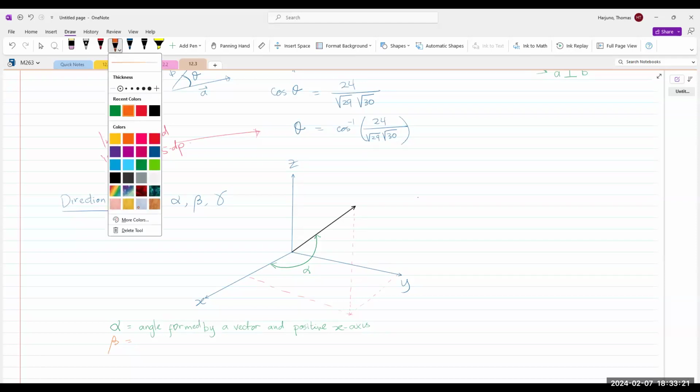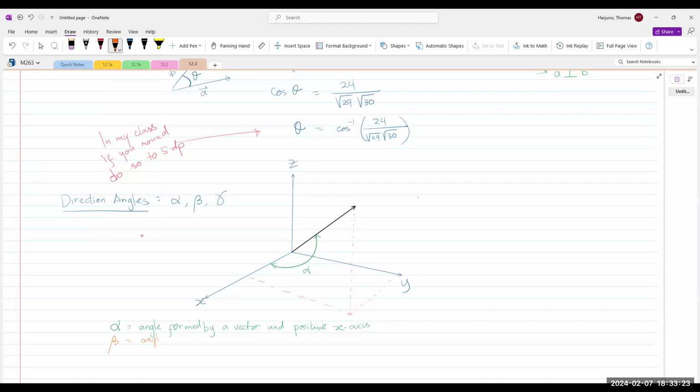That's the angle formed by a vector and the positive z-axis. Positive y-axis, I'm sorry. So angle beta is actually the angle formed by this. This is angle beta.